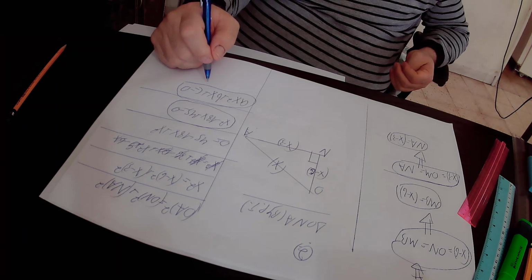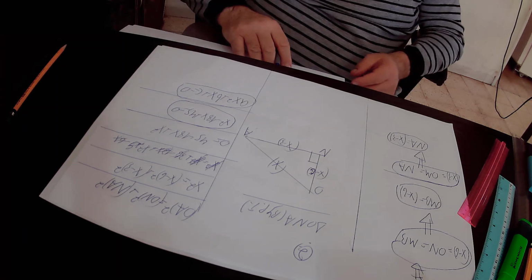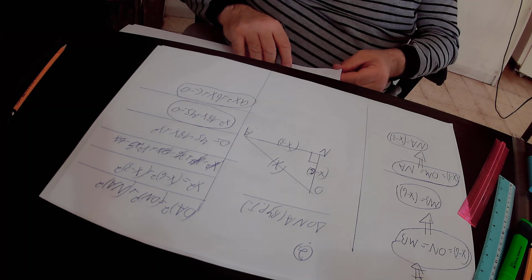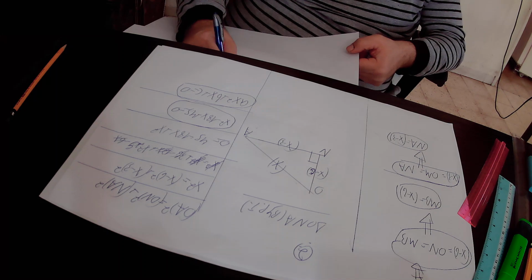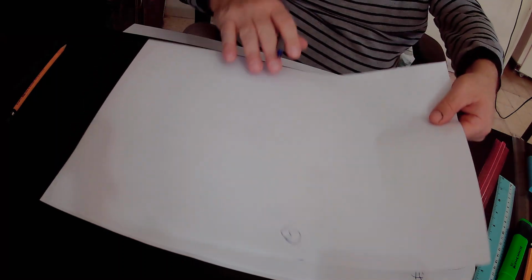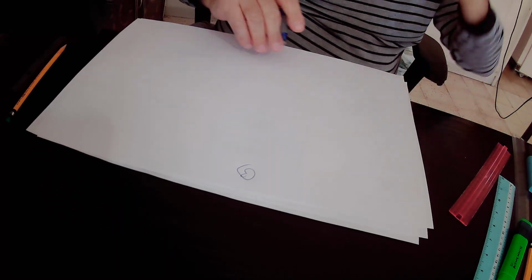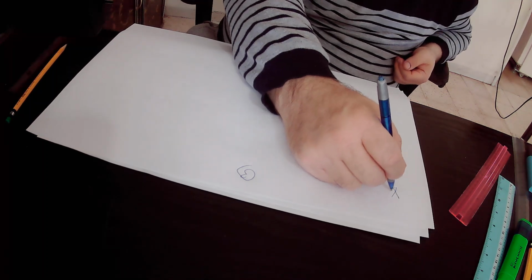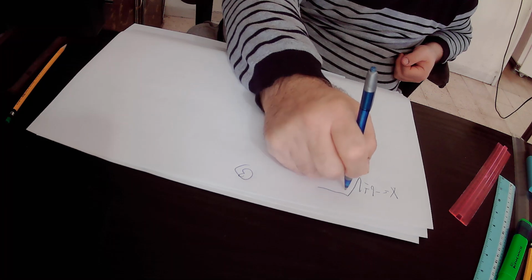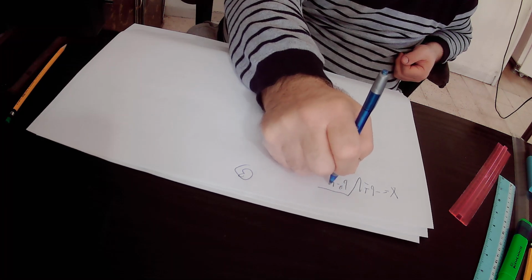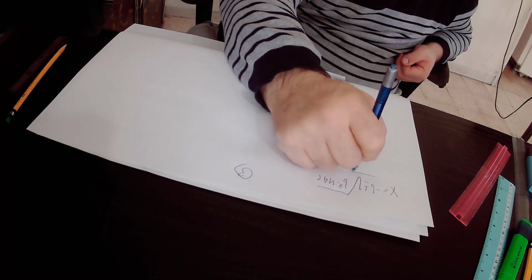We find the value of x according to the following formula: x equals minus b plus or minus the square root of b squared minus 4ac, over 2a.